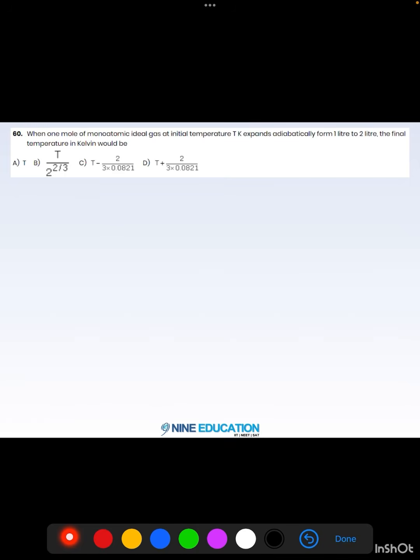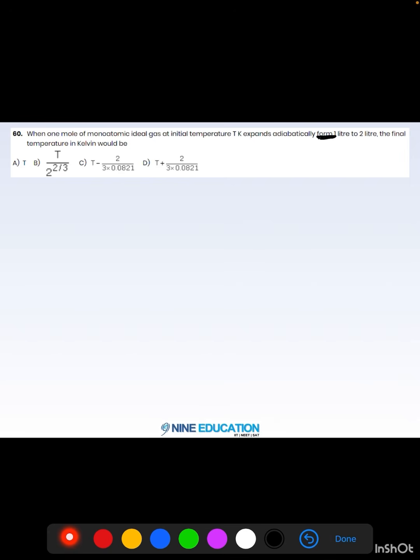We are having question number 60 here. When 1 mole of monoatomic ideal gas at initial temperature T Kelvin expands adiabatically from 1 liter to 2 liter, the final temperature in Kelvin would be. Okay, so we are having a monoatomic gas.